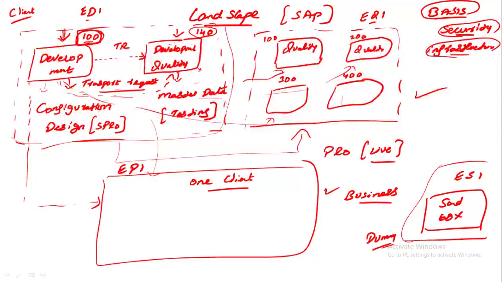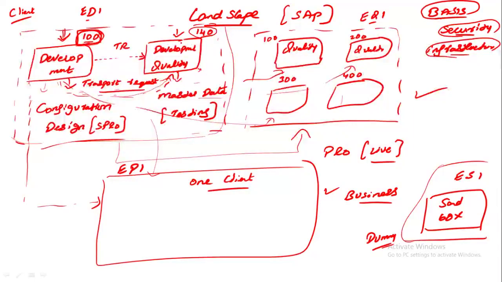If you're doing a customized TR, then this TR needs to be moved manually. If it is a workbench TR, you don't need to move it. Whenever you create any configuration in one client, it is automatically created in the other client. That is not system dependent, or not done by the consultant. That depends on the configuration.